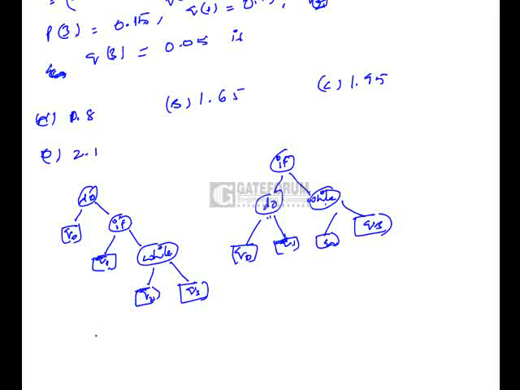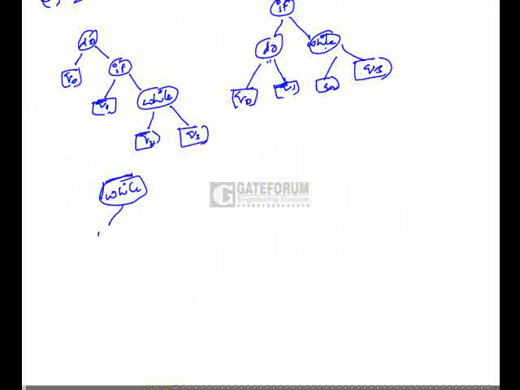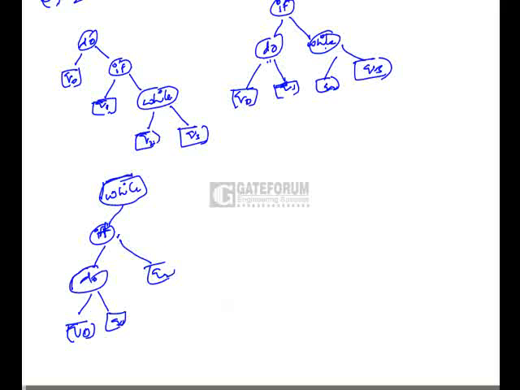And one more possible binary search tree would be this one: while, if and do. For this it would be Q0, Q1, Q2, and this would be Q3. So these are the possible binary search trees for the given identifier set.